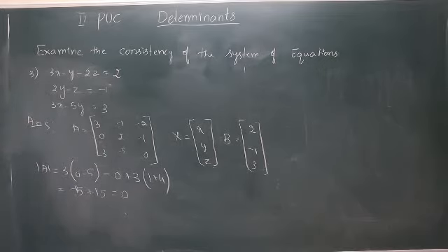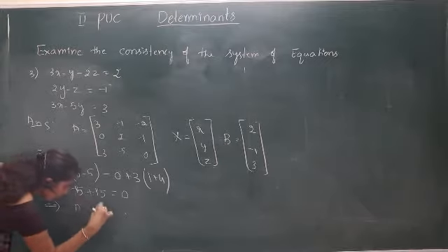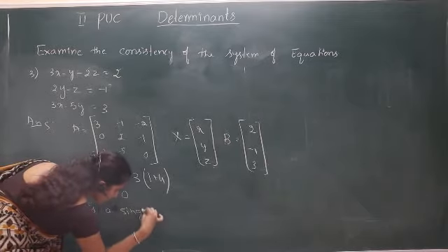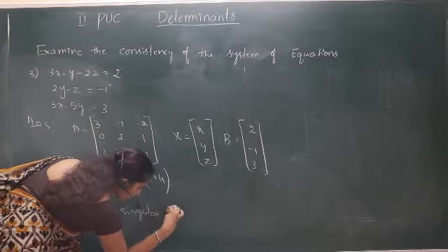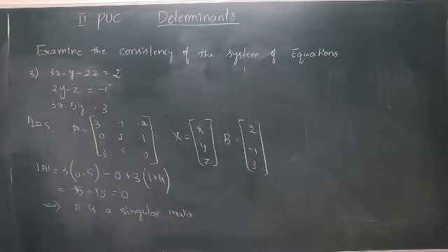If it is 0, what is the conclusion? A is a singular matrix. So if A is a singular matrix, then we have to find out the value of the adjoint.